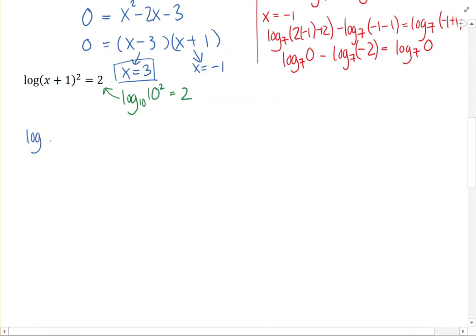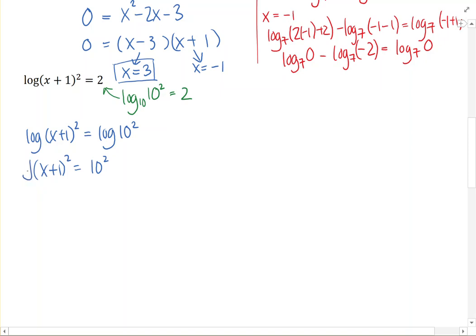So we have log (x plus 1) squared equals log 10 squared. So now we can make the two sides equal since we're working with the same log with the same base. So we have (x plus 1) squared equals 10 to the 2. We want to isolate that x by itself.